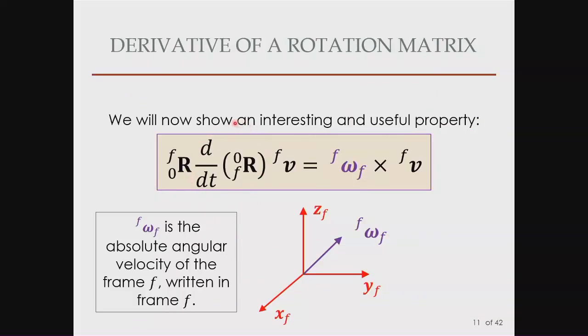We spoke about this part, right? And now I want to pre-multiply it by the rotation matrix from 0 to f. Eventually, I'll also multiply it from the right with some vector in frame f.